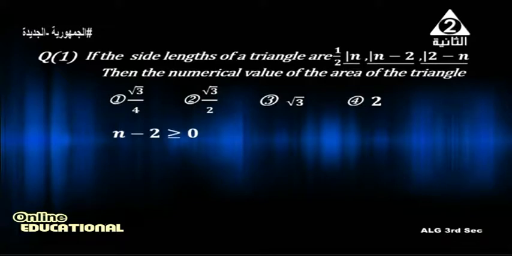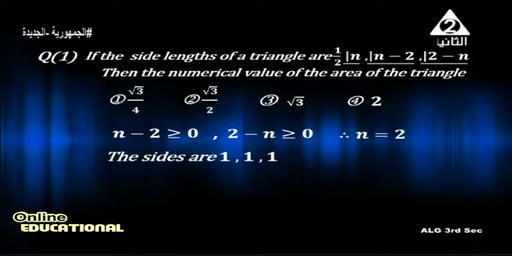We know that n minus 2 is more than or equal to 0. And also factorial 2 minus n, so 2 minus n is more than or equal to 0. Therefore, in this case, n equals 2.